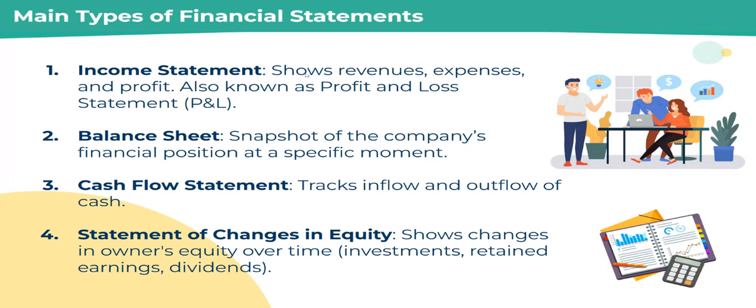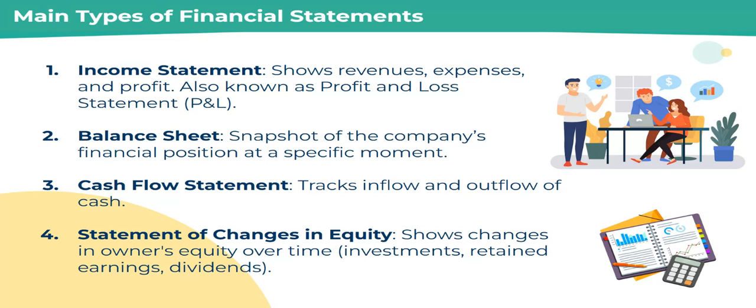Okay, well, let's think about the main types of financial statements. Number 1, income statement. This shows revenues, expenses, and profit, also known as profit and loss statement or a P&L. Number 2, balance sheet. This is a snapshot of the company's financial position at a specific moment. Number 3, a cash flow statement.